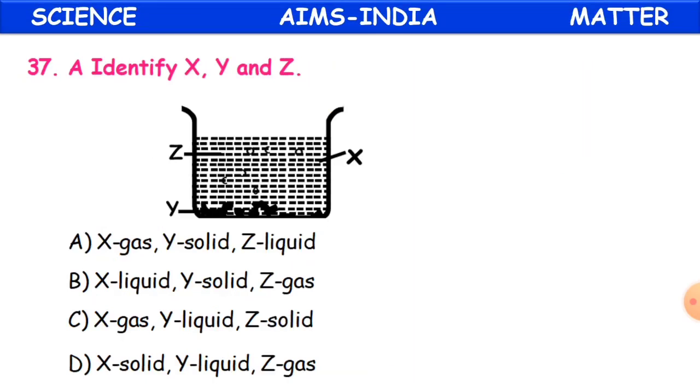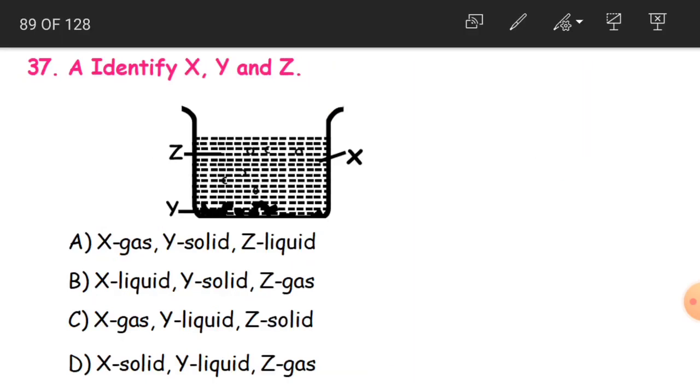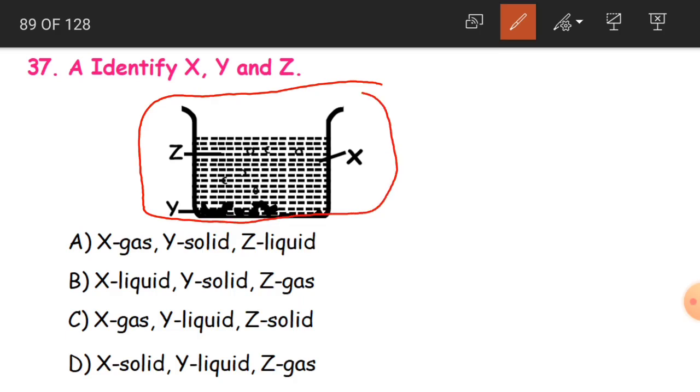Clear? Now, 37th question. Identify X, Y and Z. See children, here in this container you have water, and at the bottom you have some solid substances which have not dissolved in water.